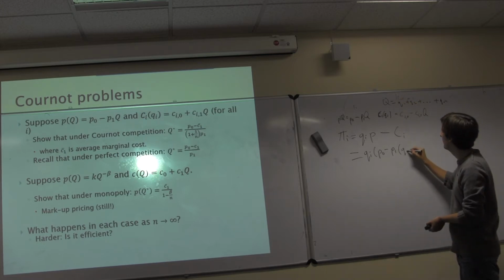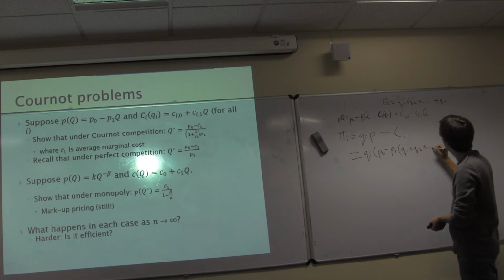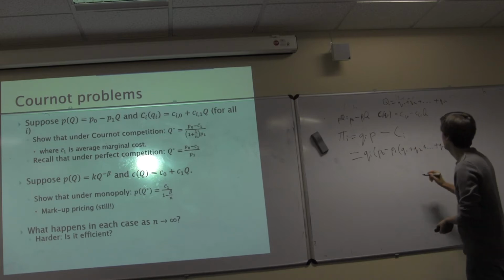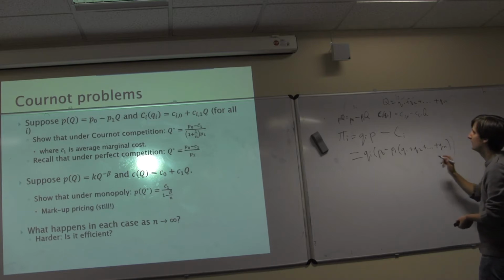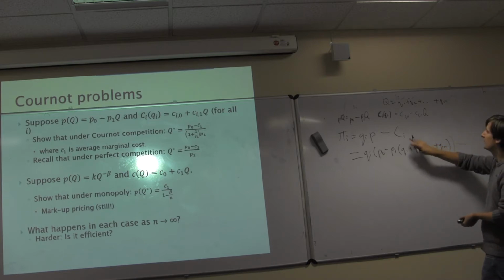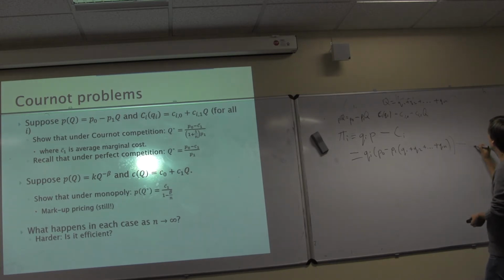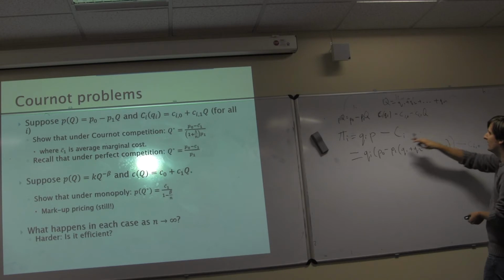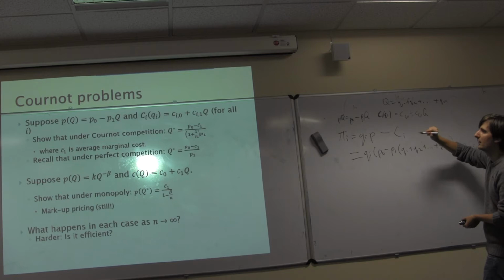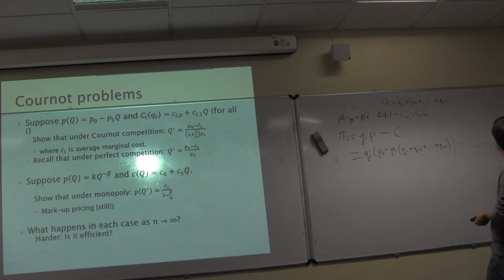So this is q1 plus q2 plus ... Quantity times price minus total cost function, which is this thing up here, C_i0 plus C_i1 times big Q, where big Q again is the sum q1 plus q2.